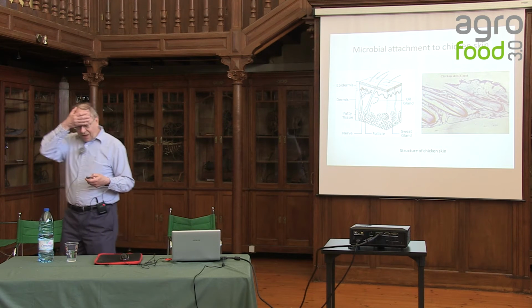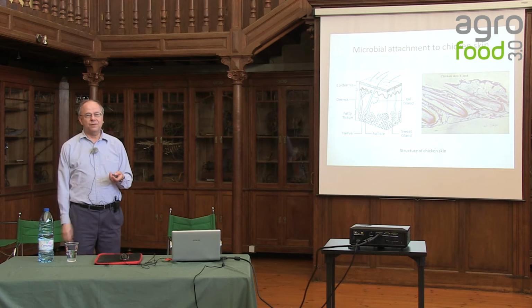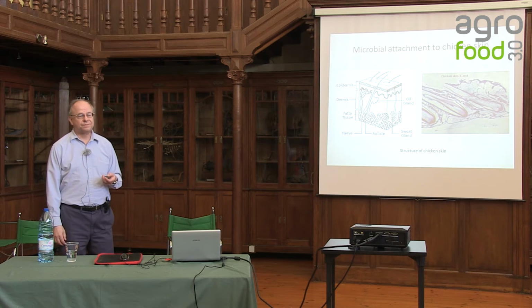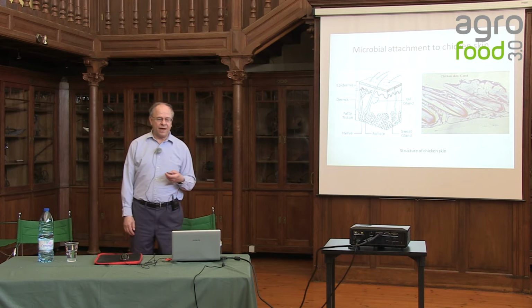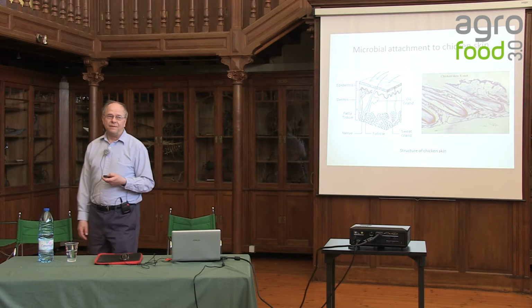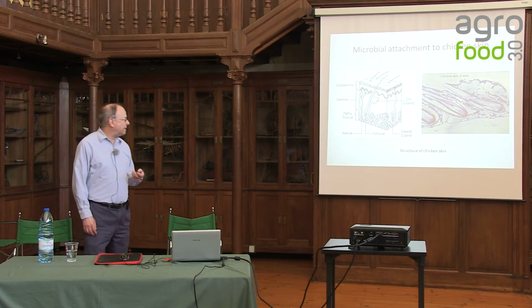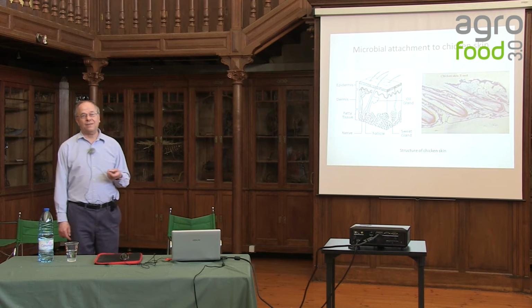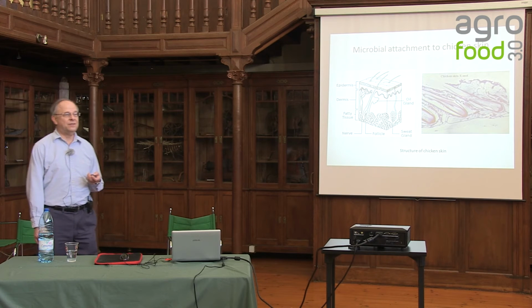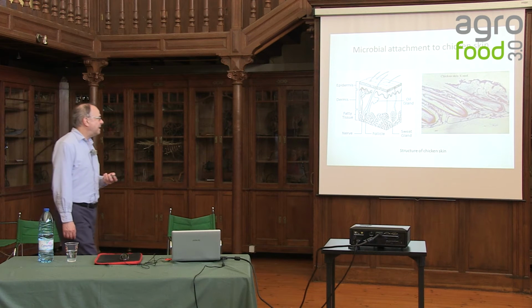Now I'll get into a little bit about attachment to meat surfaces. And some of the initial work we did was attachment to chicken skin. And it's actually pretty interesting because you have to look at the microstructure of your chicken skin to see what's happening.